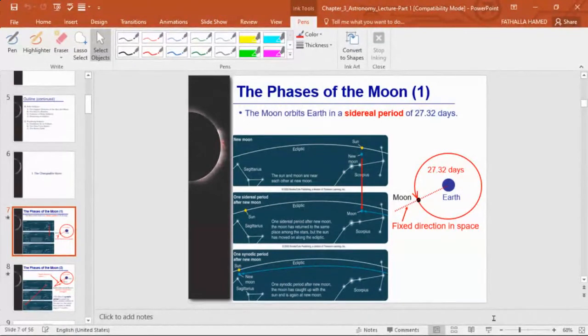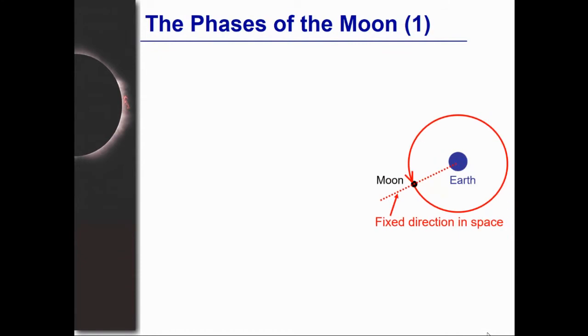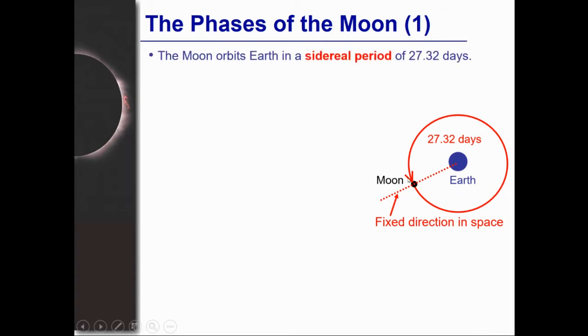So the moon basically orbits the Earth, and it completes, that means it starts from a location and then it comes back to the same location in 27.32 days. And this is what we call the sidereal period.